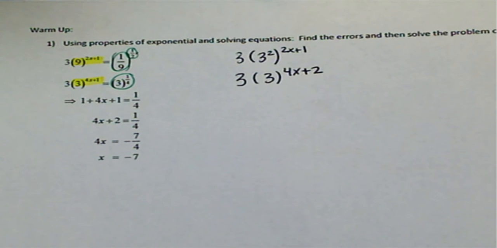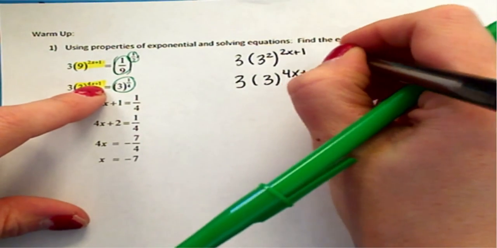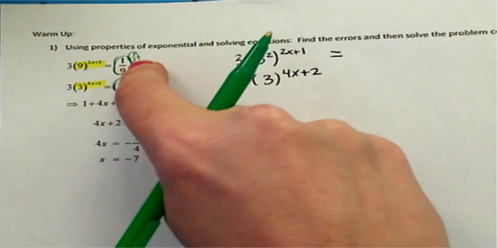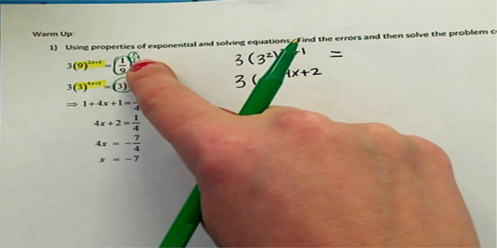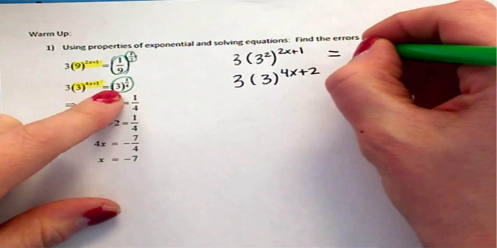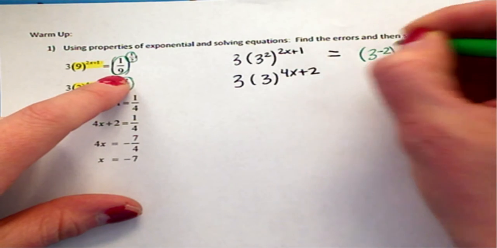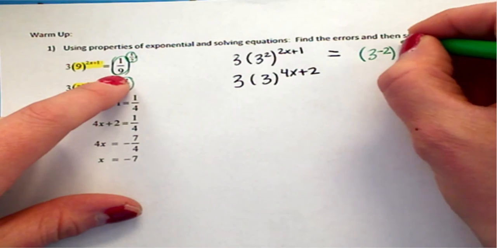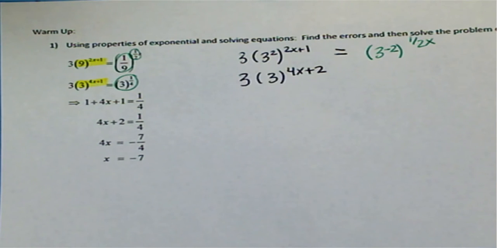Now, you could have fixed this 2 ways. Okay, so let's do one way. How many of you thought square root up here? Yeah? Okay, so I'm going to fix it 2 ways. I'm going to take the 1/9 and write that as a 3 to the negative 2. Look at how I fixed it.